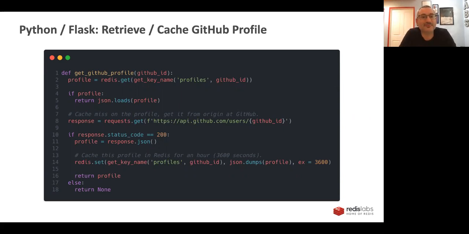So we're storing that in Redis at line 14 using the SET command, and then we're using the EX parameter at the end to basically say, I want to store that for 3,600 seconds, or an hour. So however many times you hit the server or we need to get your GitHub profile in an hour, it's only going to make one trip to GitHub itself. The rest is going to be served directly from Redis.